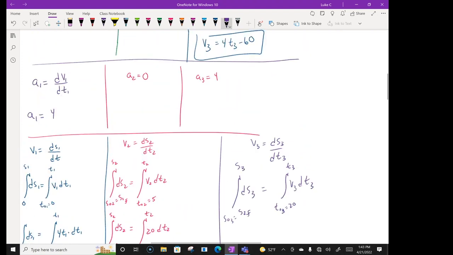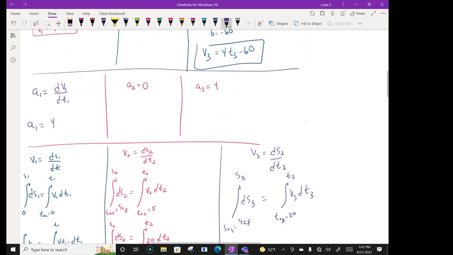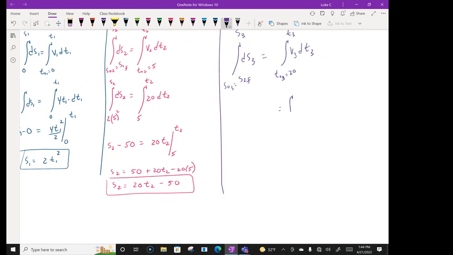And what was our equation here? 4T3 minus 60.